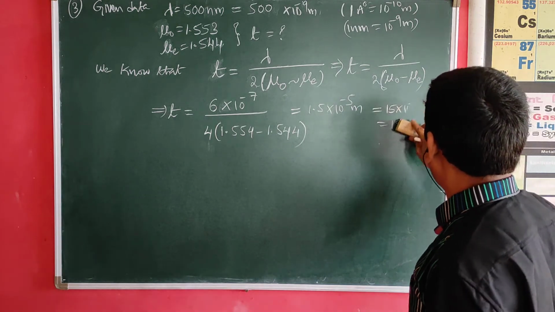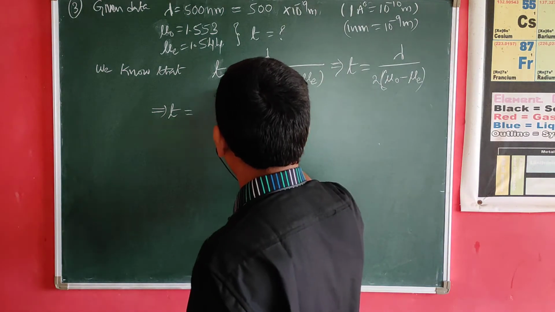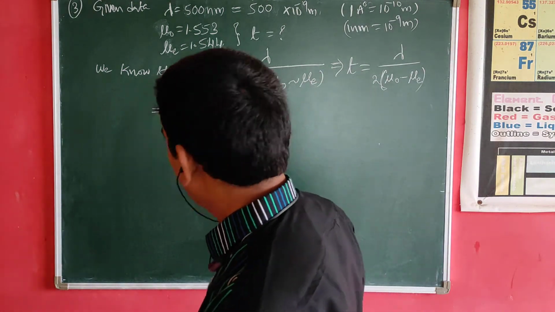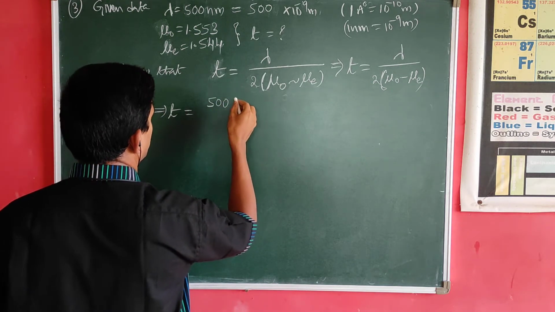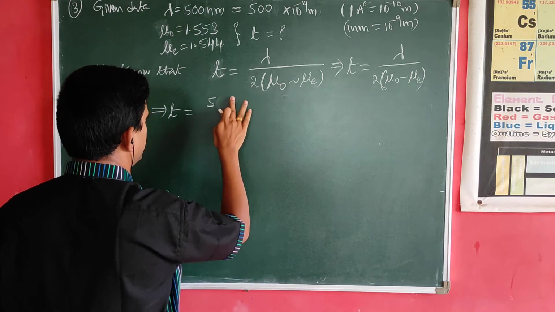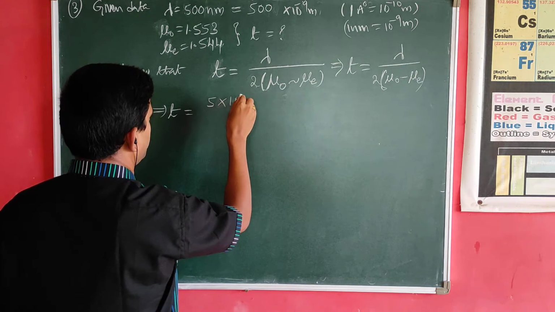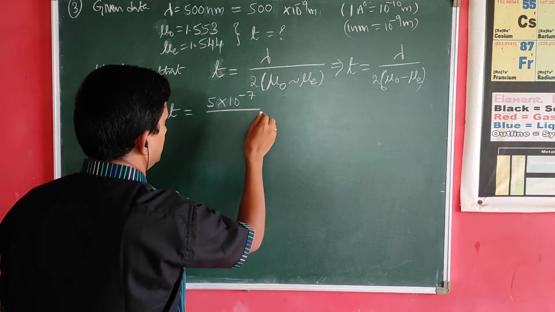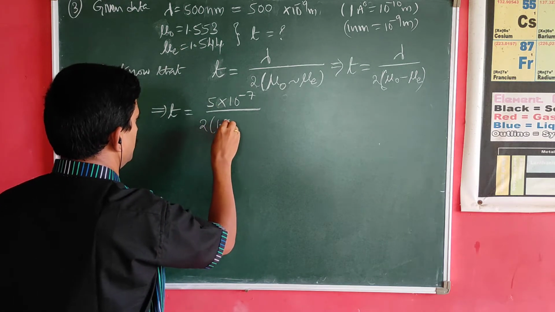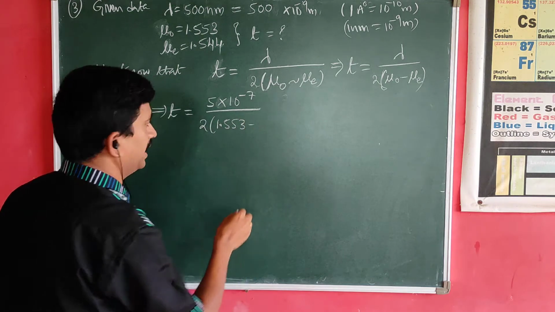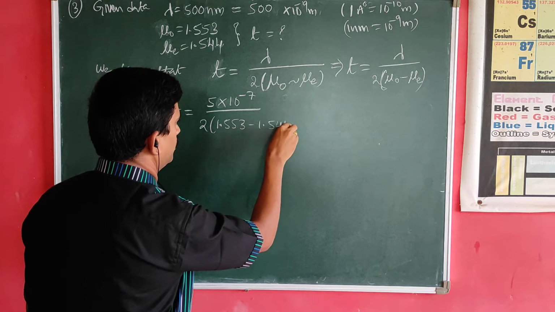Then if you substitute the values and operate your calci, then you will get the answer. The values are 500 into 10 power minus 9, or simply if you cancel these two zeros, then 5 into 10 power minus 7 divided by 2 into mu O value 1.553 minus mu E value 1.544.